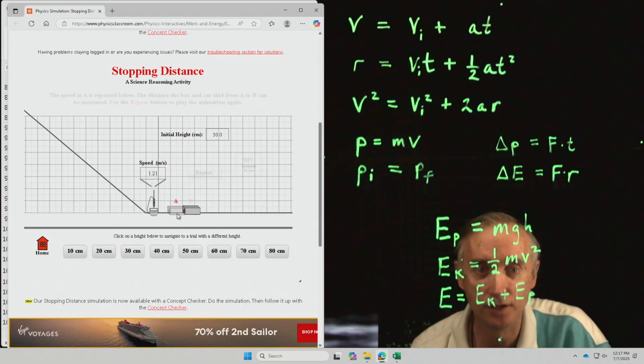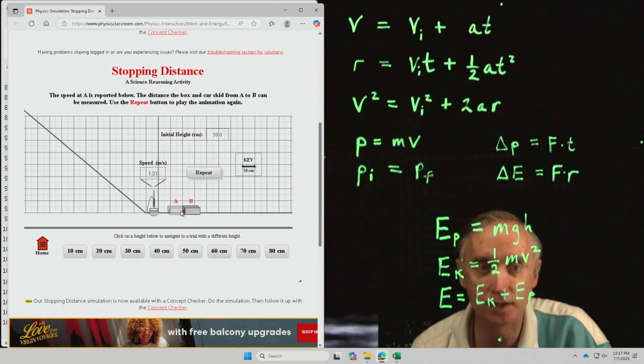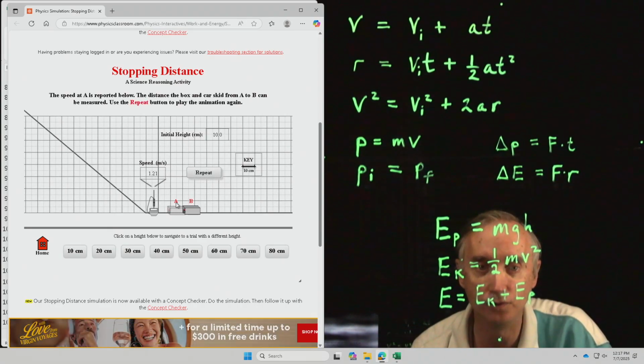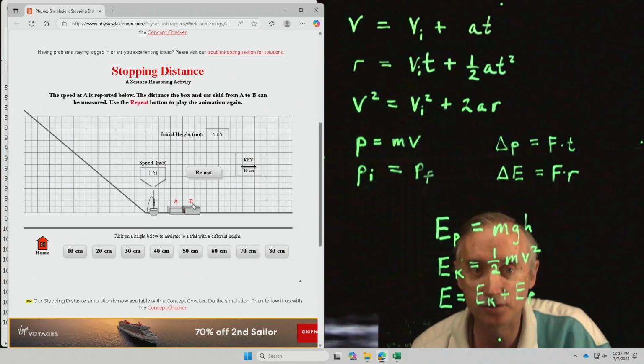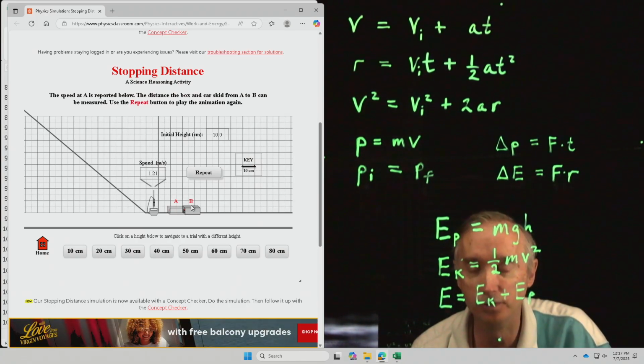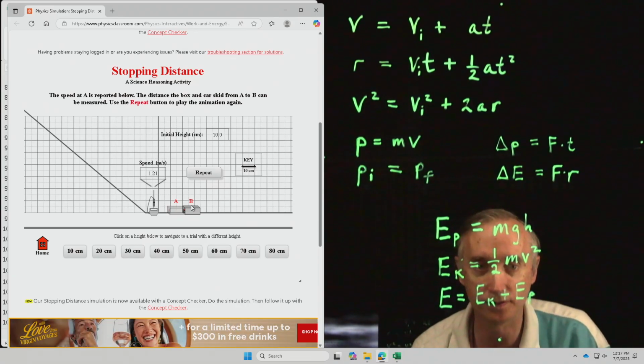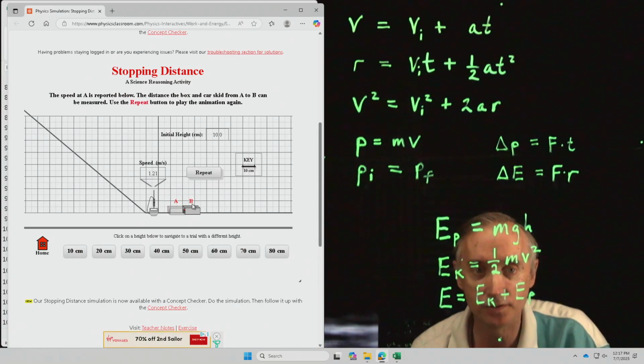Okay, do you see it went into the box, and it caused the box to move from position A to position B. Now you need to measure that distance. Now remember the distance from one box to here, so that's 1 centimeter. So what's the distance from A to B? And so that's going to be the distance that the box slid.